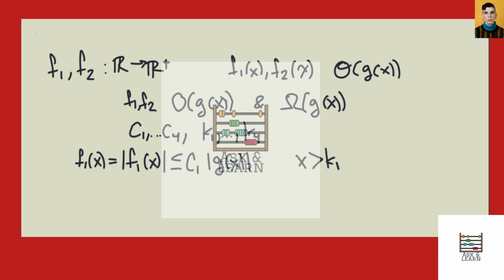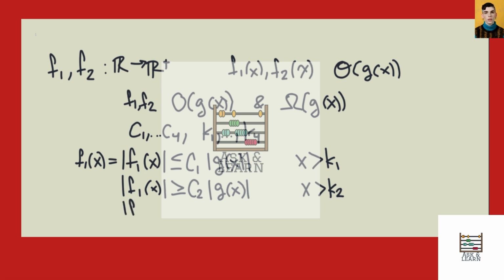And then we also have, by a similar argument, that f1 of x is necessarily greater than or equal to c2 of g. And this would be when x is greater than k2.